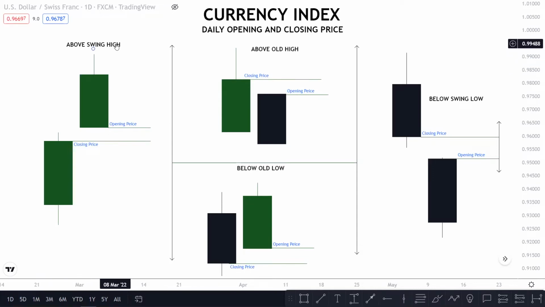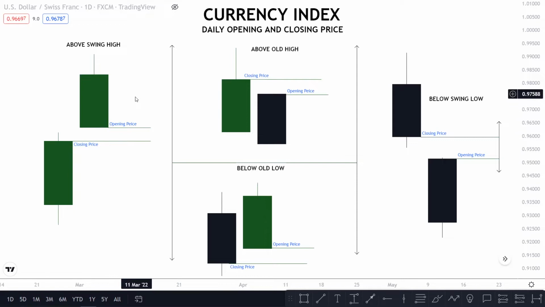Above swing highs, if we trade above a swing high and we have a news event coming up, or we have high volatility news expected, I want to see this imbalance, the difference between the previous candle's price close and the next candle's price open.